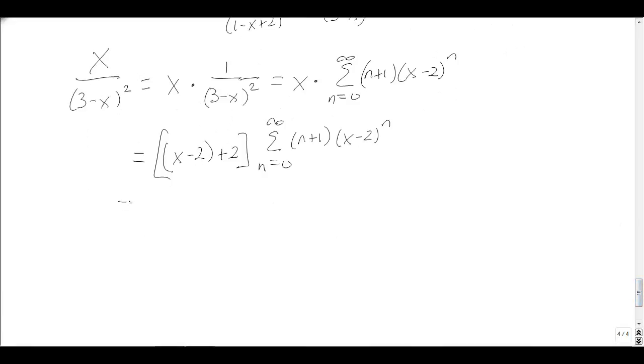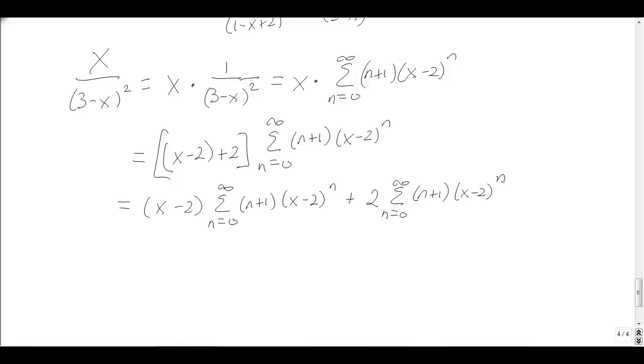And then I'm going to get two separate series. I'm going to get (x minus 2) times the sum n equals 0 to infinity of (n plus 1)(x minus 2) to the n, plus 2 times the sum n equals 0 to infinity of (n plus 1)(x minus 2) to the n.